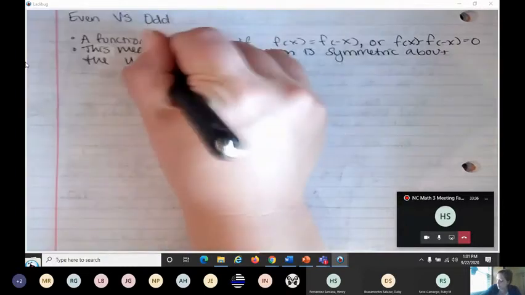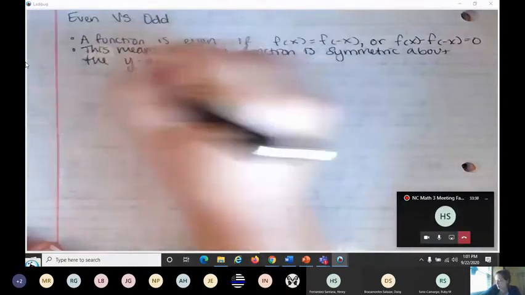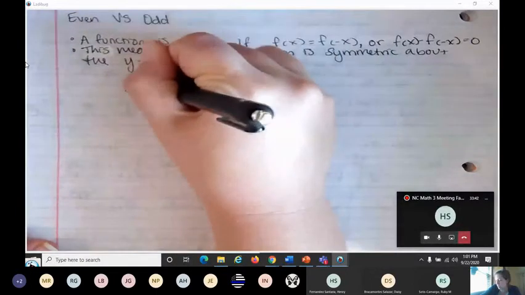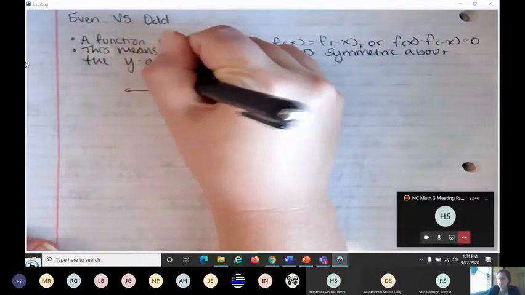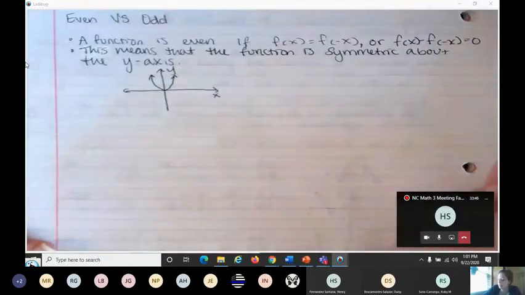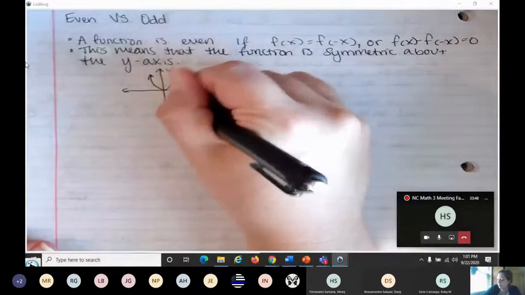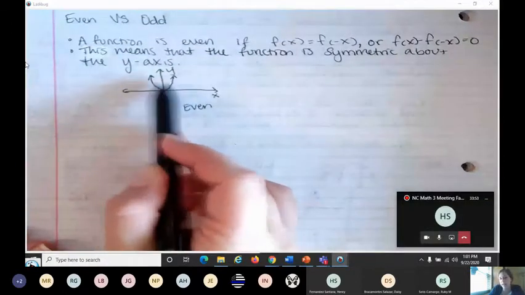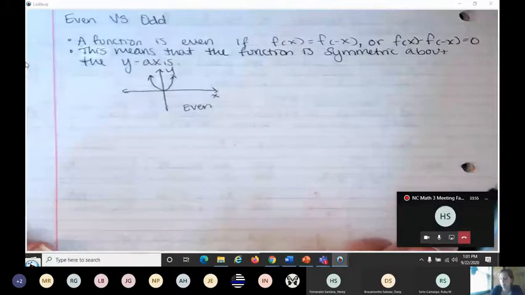So an example of a function that's even, so this is our x-axis and this is our y-axis. Maybe we have a quadratic function that's centered around the y-axis. This is even, because I can flip it around here and it's the same function either way.